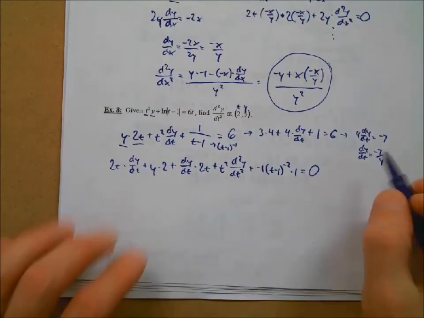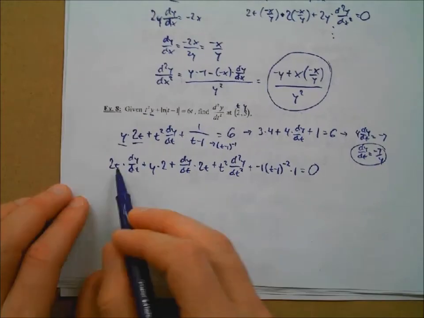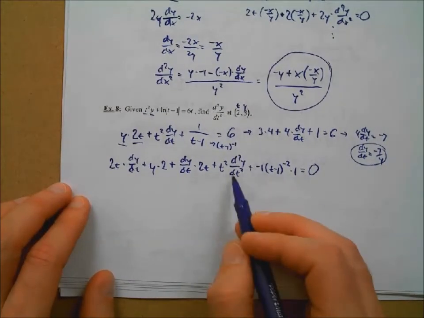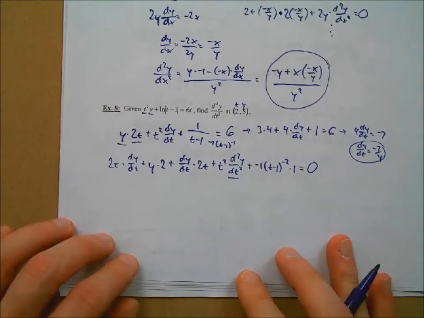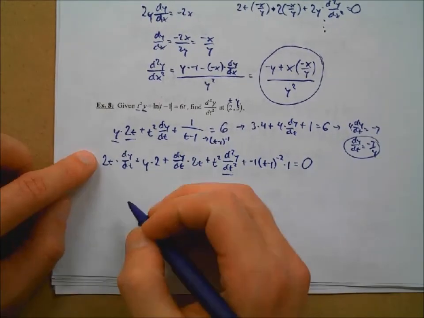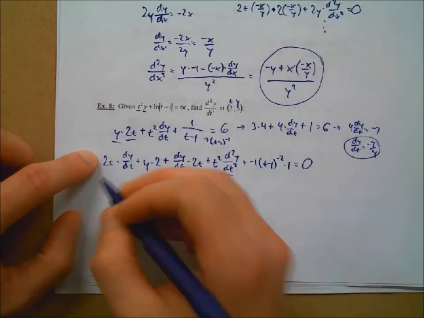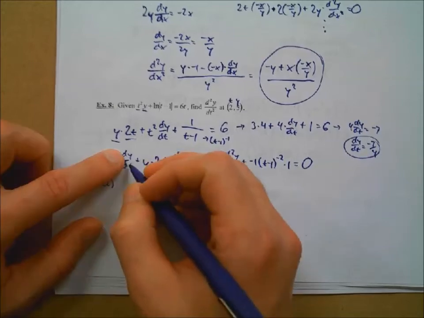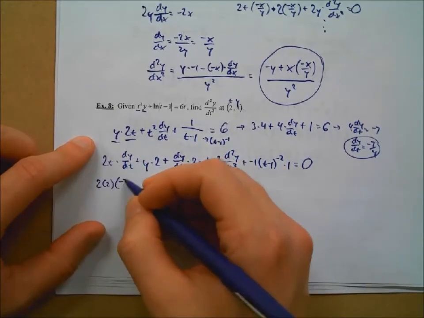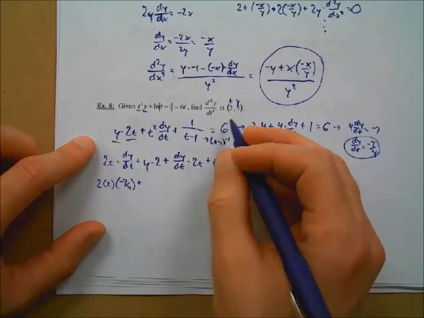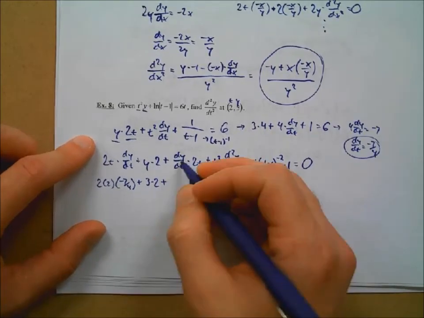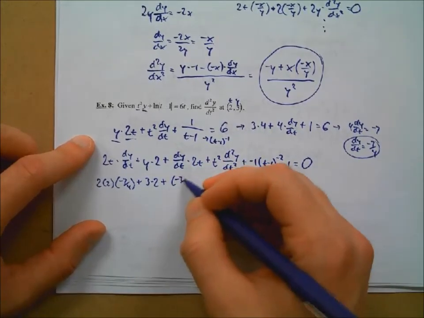So now we have that value, and so we can plug all these values in and finally solve for this d squared y over dt squared. Plugging in 2 for t again. 2 times 2. dy dt, negative 7/4. Y, 3 times 2. dy dt, negative 7/4. 2t, 4.